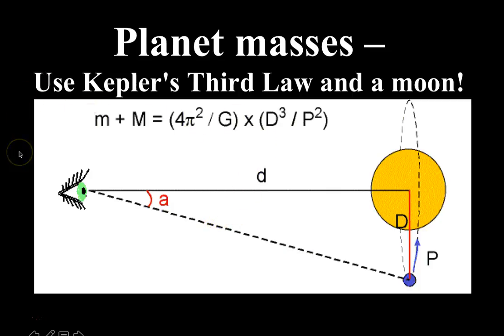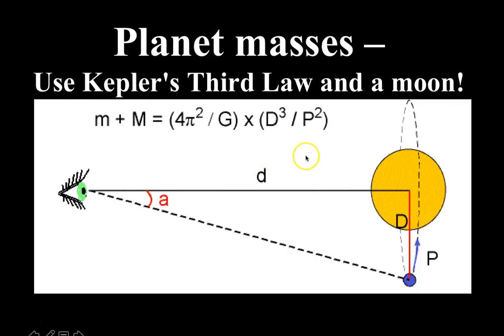Well, now figuring out the planet mass is a little bit different. We talked about Kepler's third law, and we talked about Newton's variation of Kepler's third law, which is this equation here. Now remember, equations are used to keep score. It allows us to categorize things.